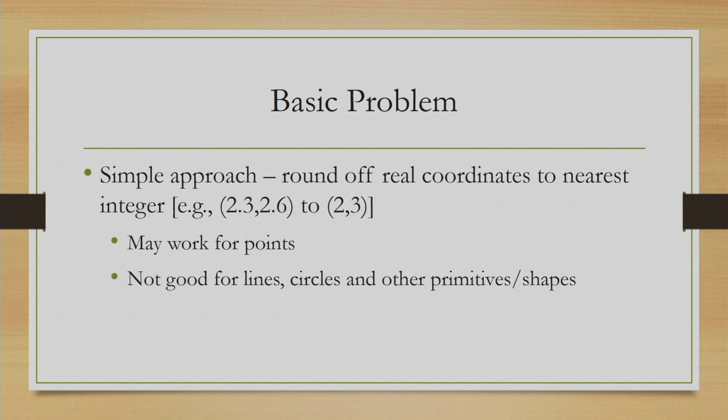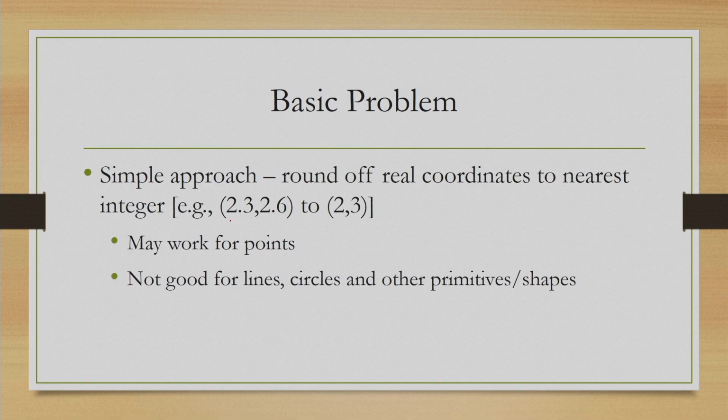So, what can be the straightforward approach to do this? You may think it is pretty simple. What we can do is simply round off the real coordinates to the nearest integer coordinates. For example, if we have a coordinate value like 2.3 and 2.6, we can round it off to 2, 3, that is the nearest integer coordinate values.